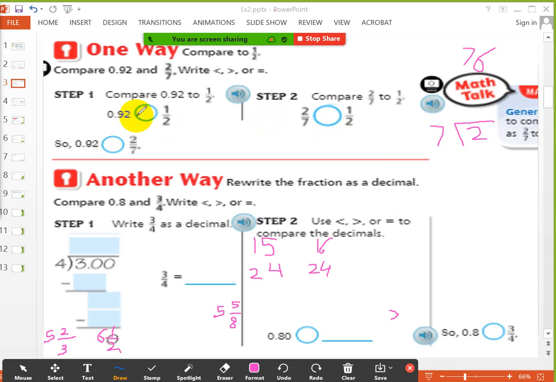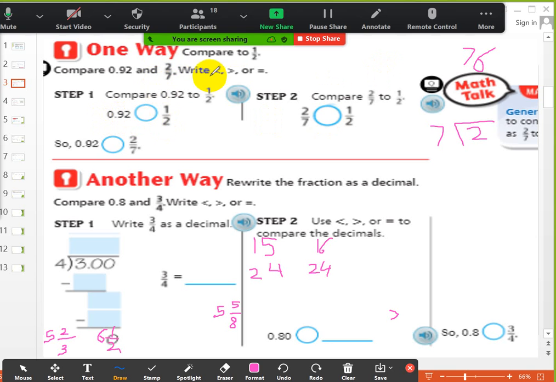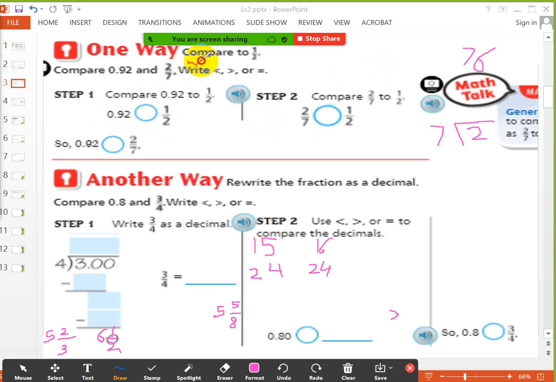So how will I compare 0.92 hundredths and 2 over 7? Look, he mentioned something in this example: compare to 1 over 2. This thing will help me.